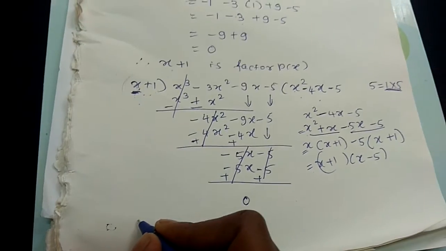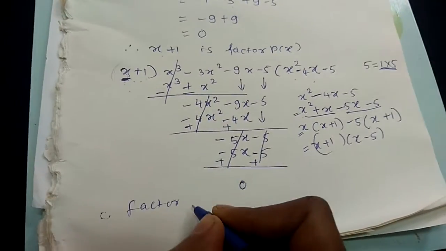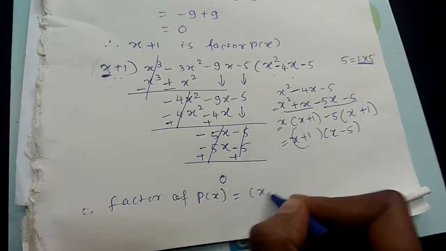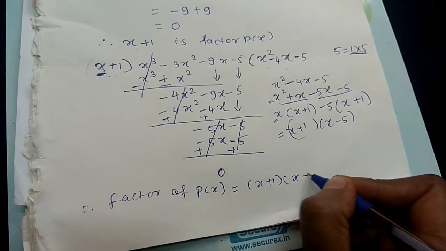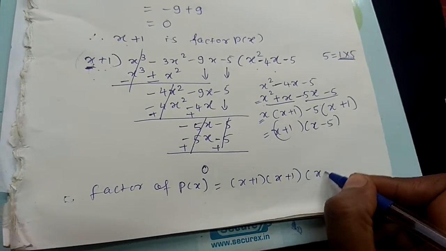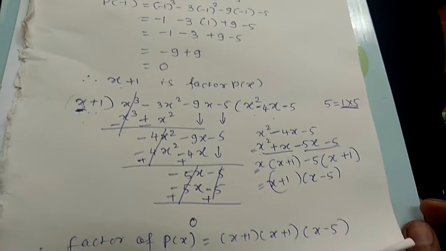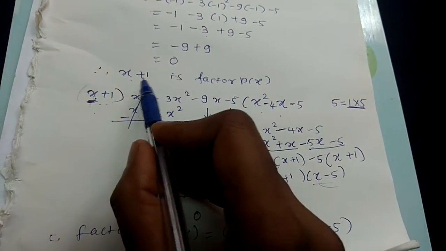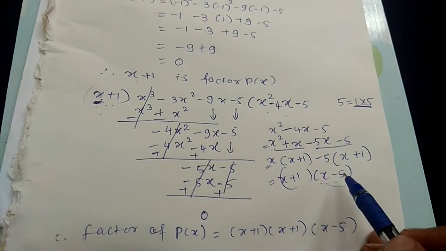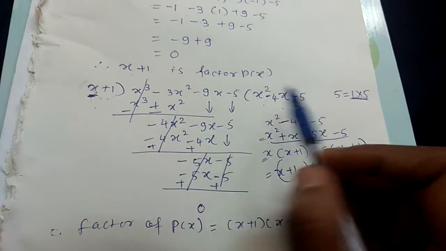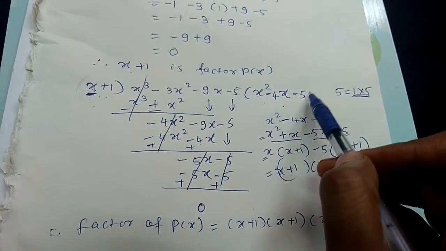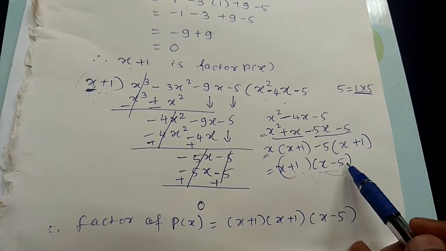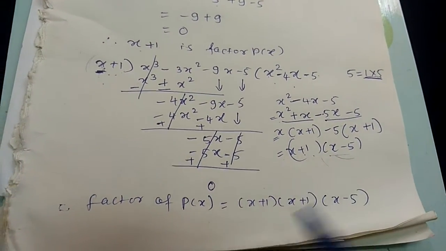Therefore the factors of the given polynomial in x are x plus 1, x plus 1, x minus 5. Suppose by using the factor theorem you have found x minus 5 as the factor instead of x plus 1. Then after division you will get a quadratic polynomial in which you will get x plus 1, and in place of x minus 5 you will get one more x plus 1. So altogether you will get all the factors.